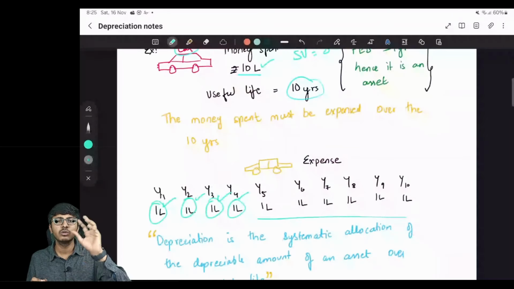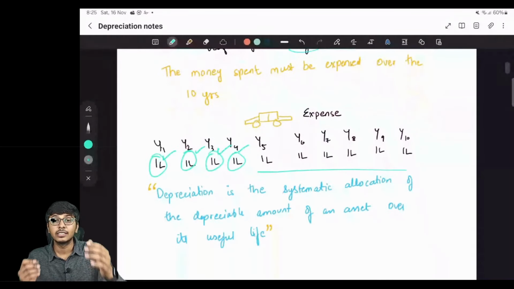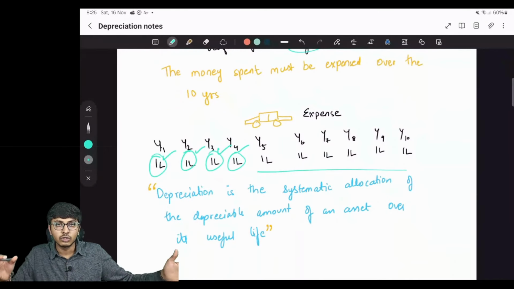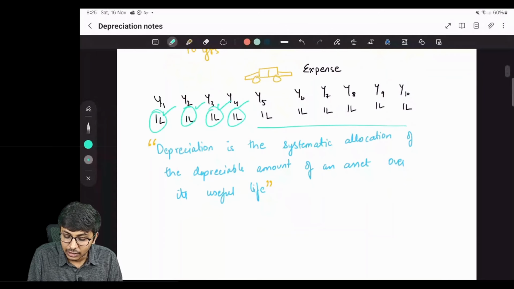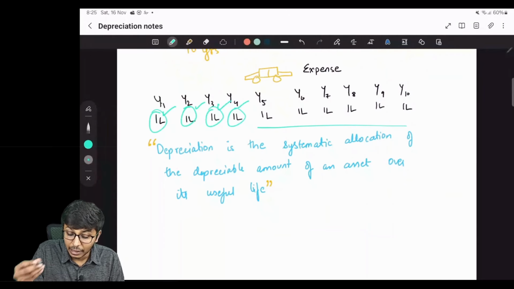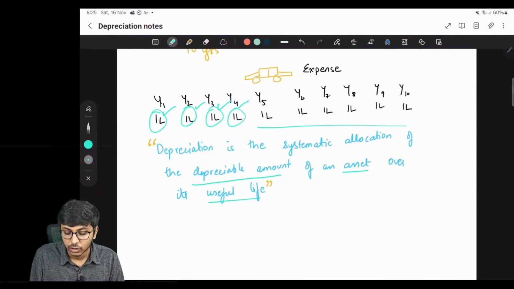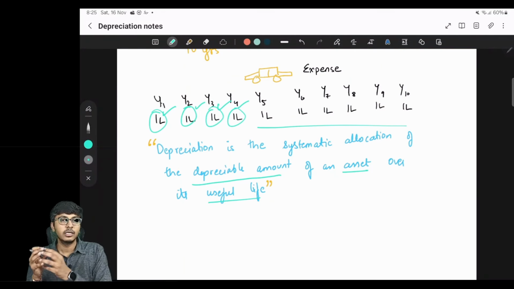Very quickly, I've told you what is depreciation. It is a reduction in our asset value over the useful life of the asset. So they have defined it: depreciation is the systematic allocation of the depreciable amount of an asset over its useful life. Systematic allocation. So you're removing the depreciable amount.